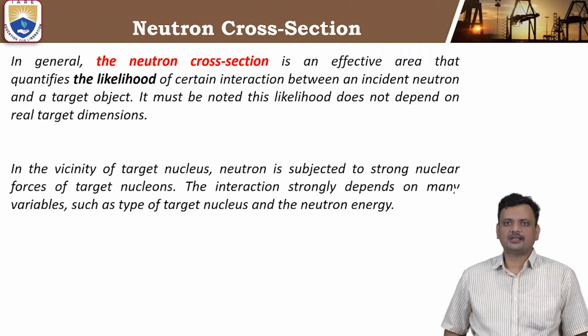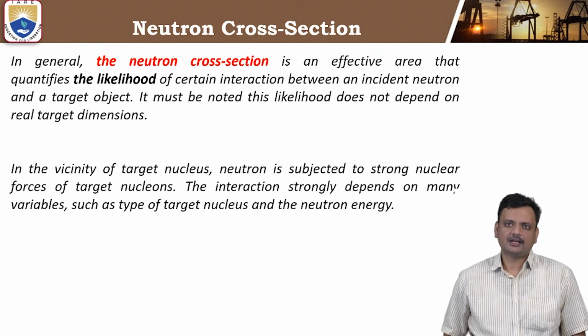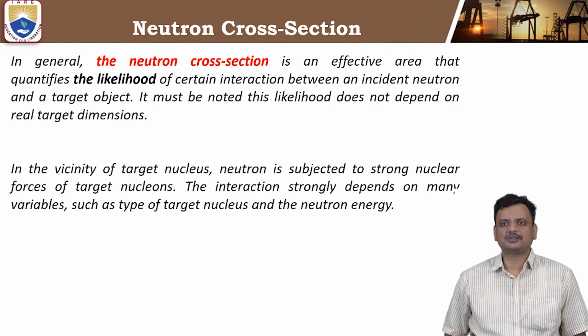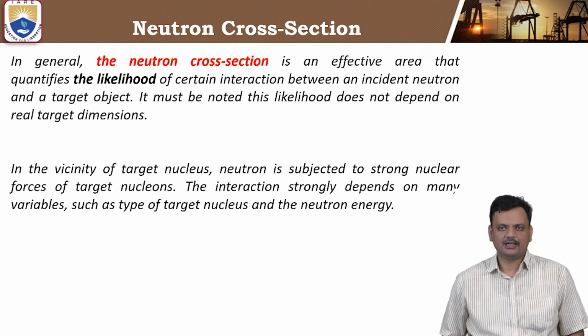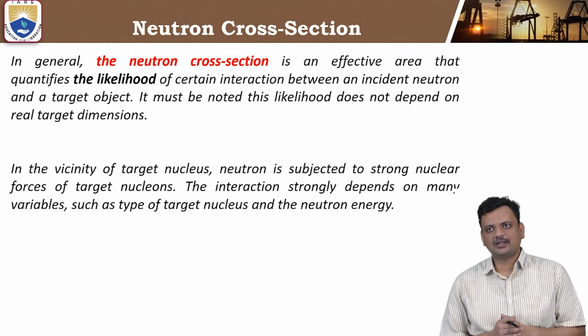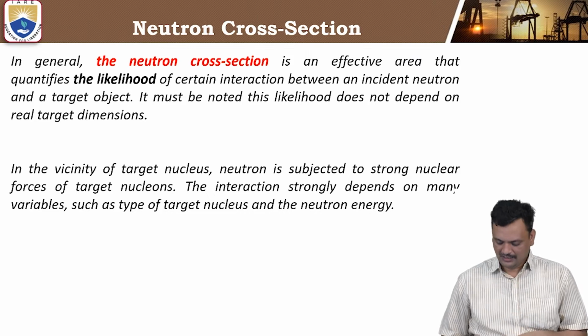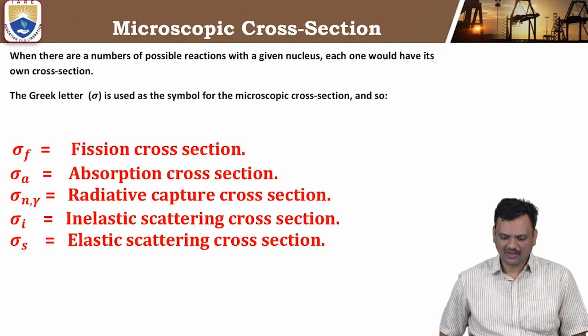So in general, the neutron cross section is an effective area that quantifies the likelihood of a certain interaction between an incident neutron and a target object. Effective area, I already told you. It must be noted that this likelihood does not depend on the real target dimension.